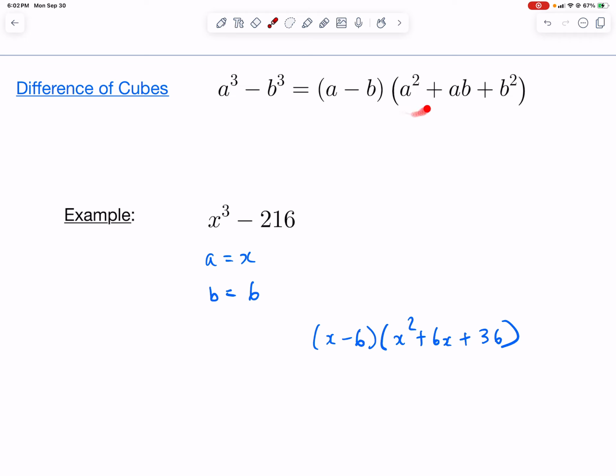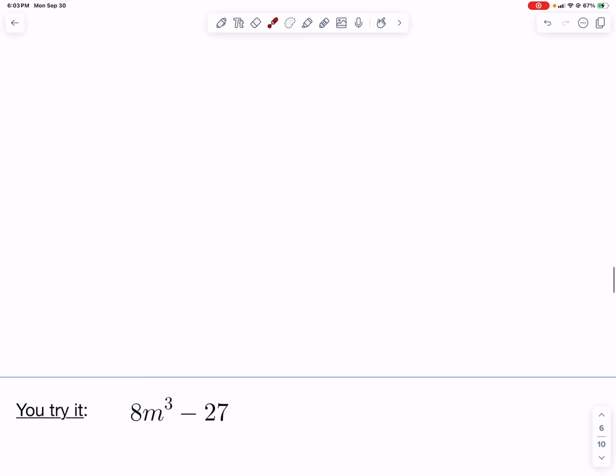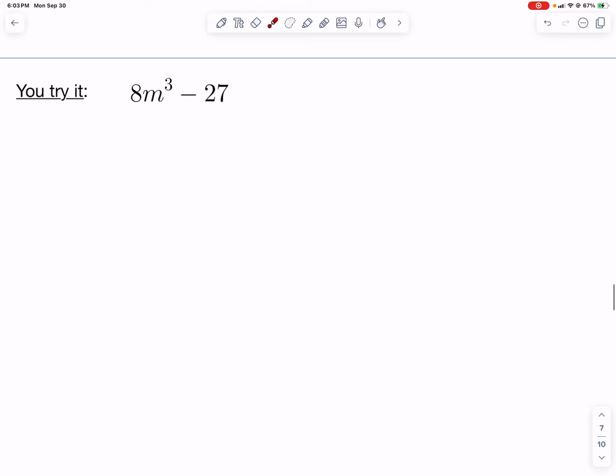Then we're going to take a squared, which is x squared, plus the product of ab. Product of ab is going to be 6x, and then b squared is going to be 6 squared, or 36. Why don't you go ahead and take a minute or so and see if you can factor that: 8m cubed minus 27.